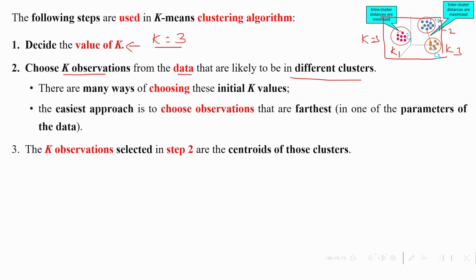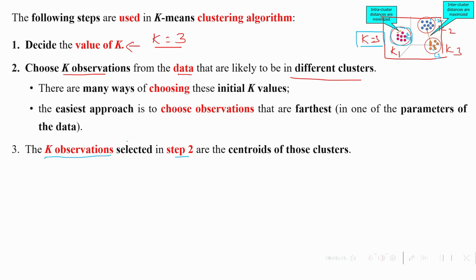So the k observations selected in step 2 are the centroids of those clusters. That means, based on our data, we have to select a centroid for each and every cluster. If we want to form k equals 3 clusters, then each cluster must have a centroid.